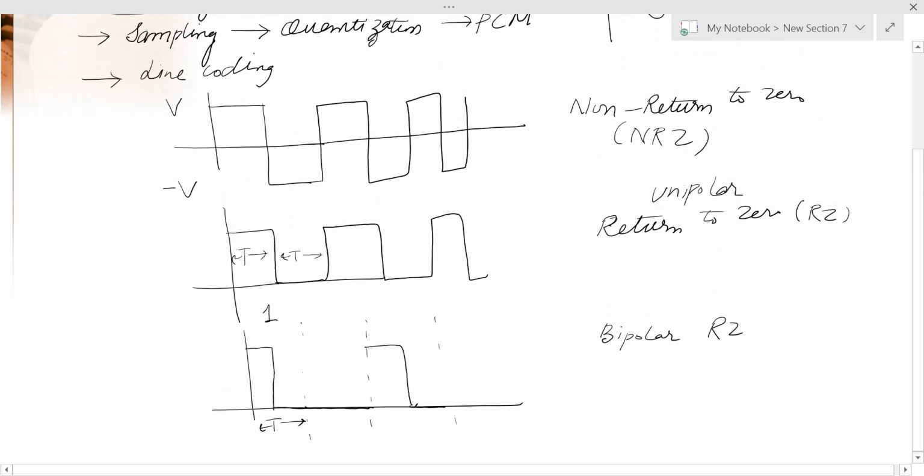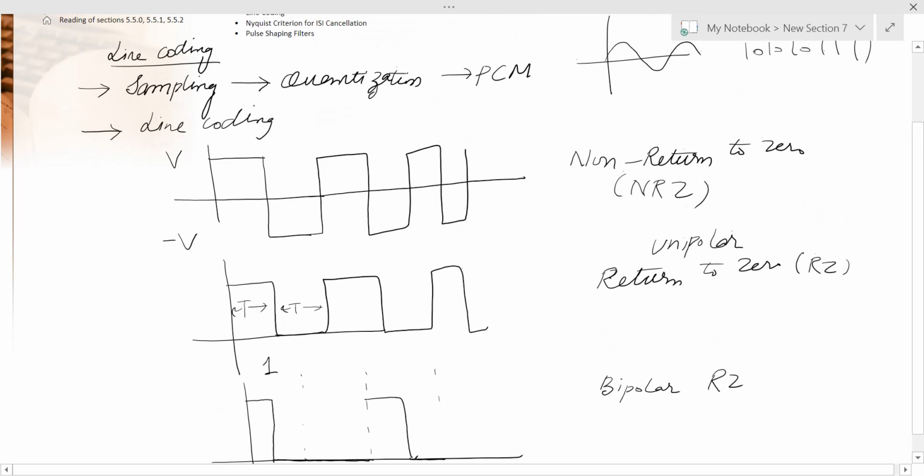Unipolar because one particular bit is represented by a single polarity of signal, positive or negative. In bipolar, 1 is represented by a signal which has two polarities, plus and minus. This also is unipolar.